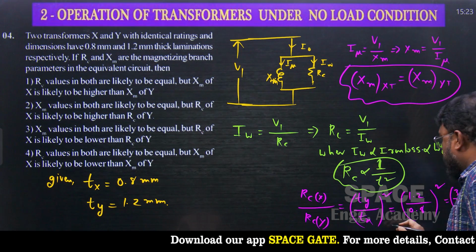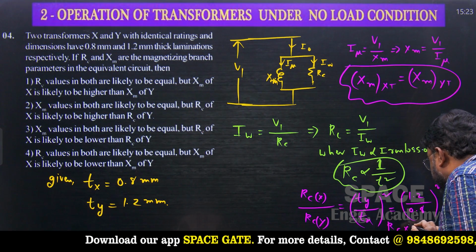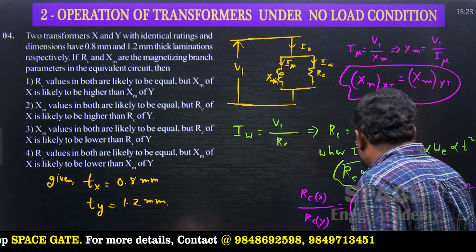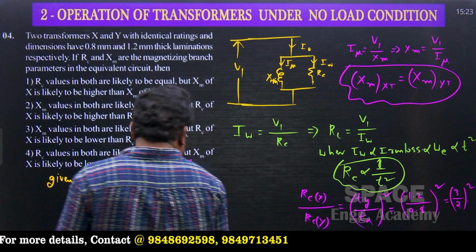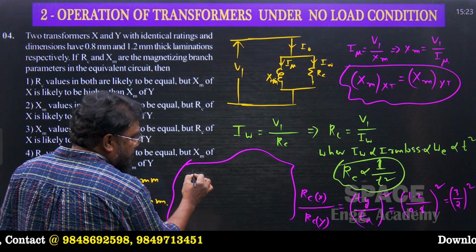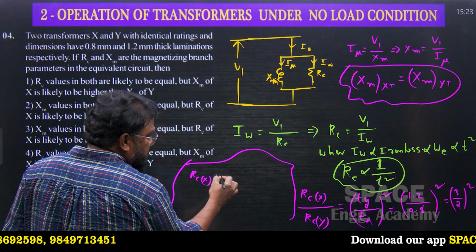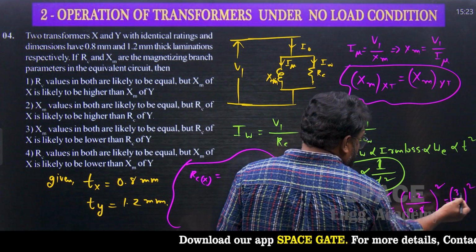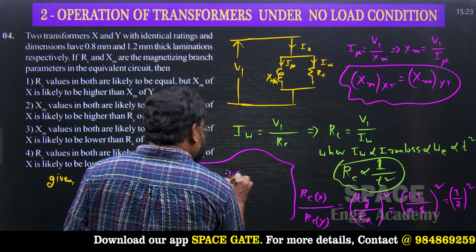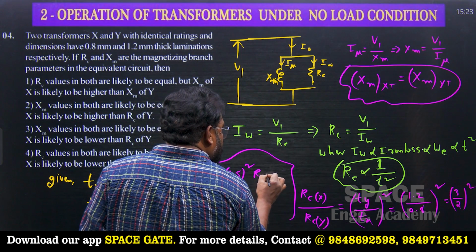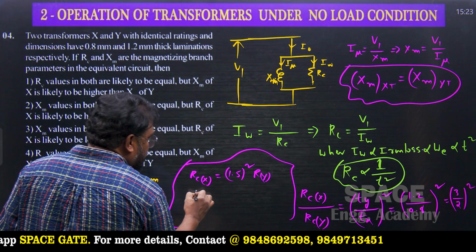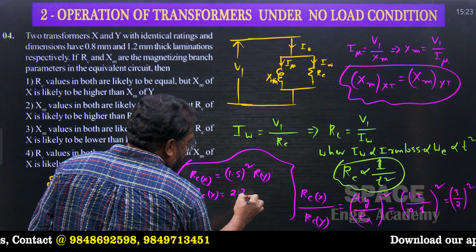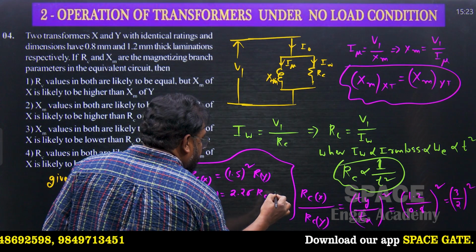So RC of X transformer is equal to 1.5 squared times the RC of Y transformer, that is 2.25 times the RC of Y transformer.